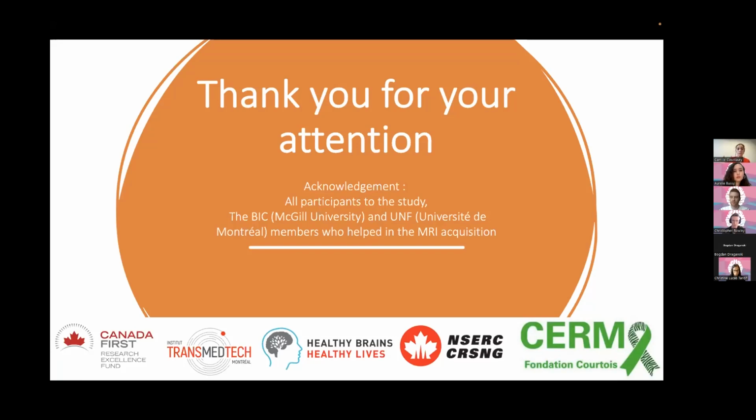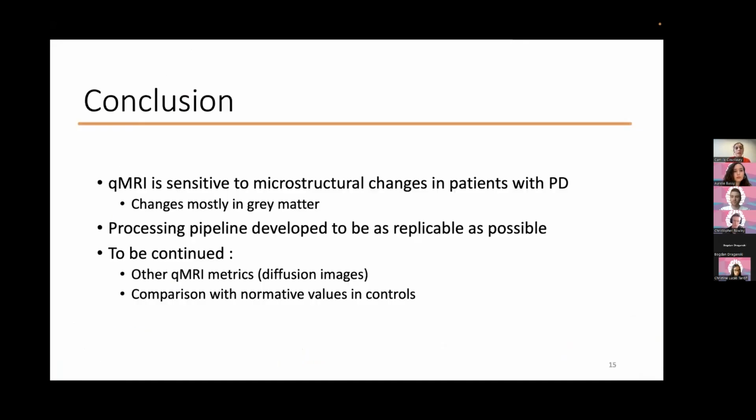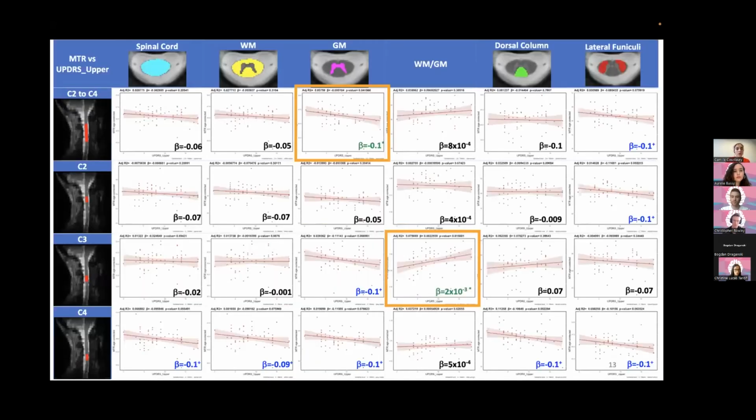So we divided the upper part of the UPDRS score to see if we could have some more precise results. And in fact, in the results for magnetization transfer ratio, we didn't have any significant results for the total UPDRS score, but we had some significant ones for the upper part of the UPDRS.